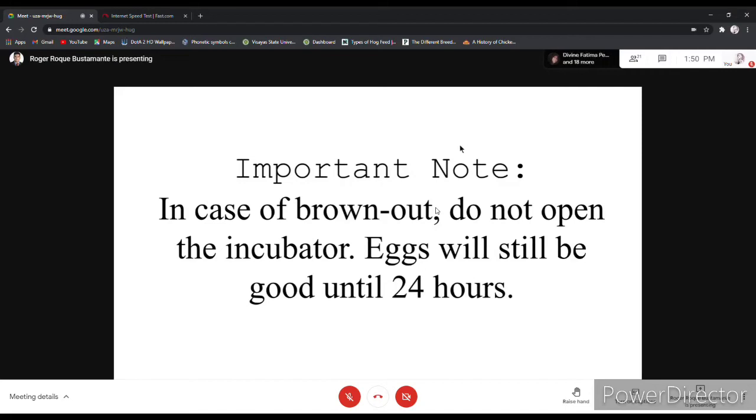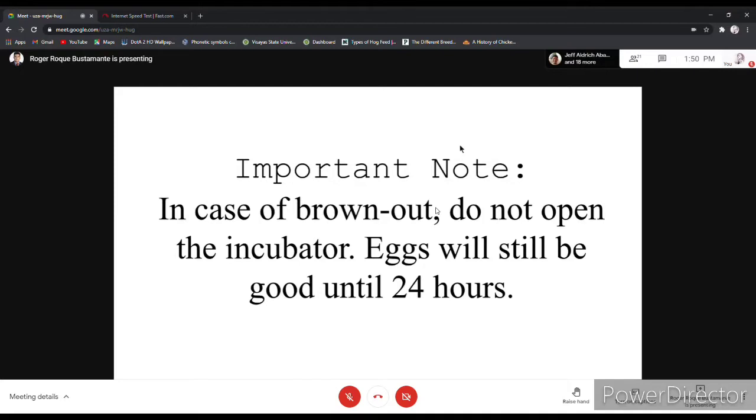In the first days you set, you open three times, morning and afternoon, because you have to turn the eggs, especially if it is a manual incubator. With an artificial incubator that is automatic, there is no need for you to turn eggs. No need to open your incubator every day.